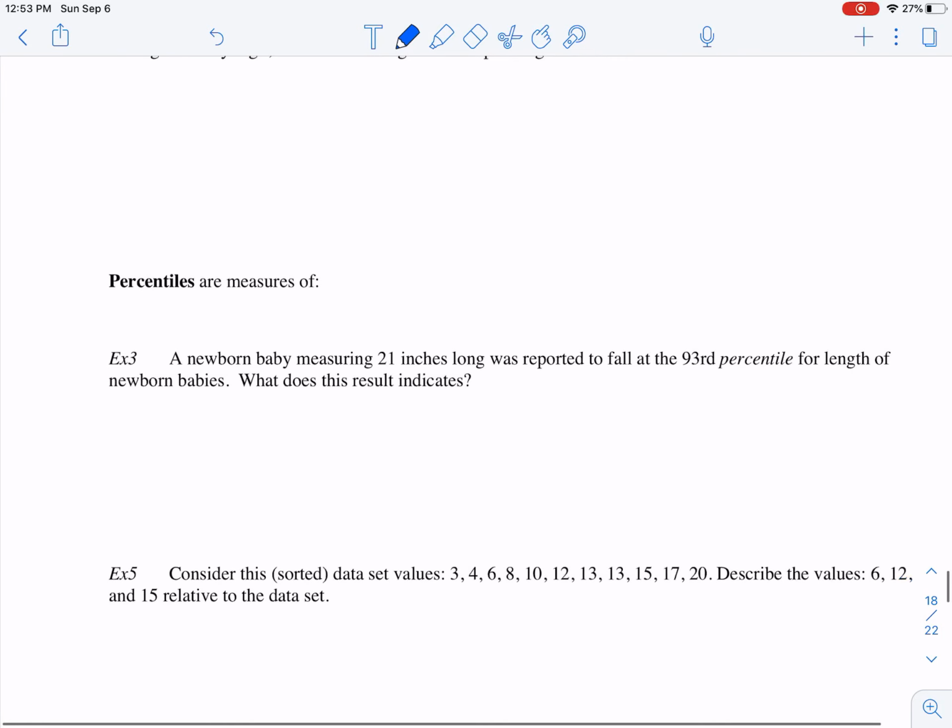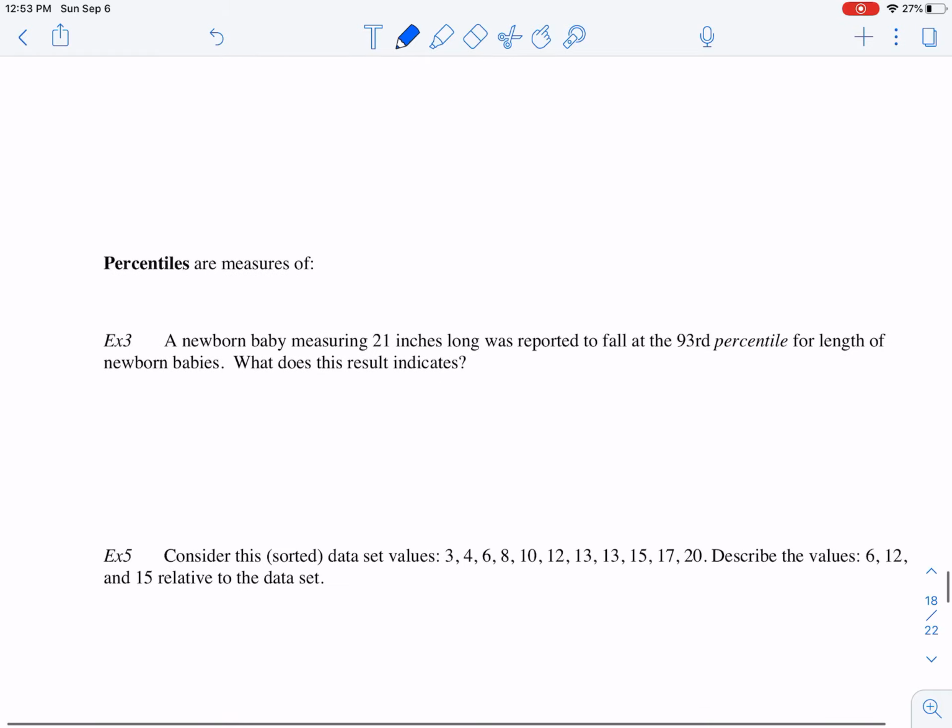Percentiles are probably the more common measurements or terms that we often hear in daily life, compared to z-scores. So the way we define percentiles would be measurements of position or location.